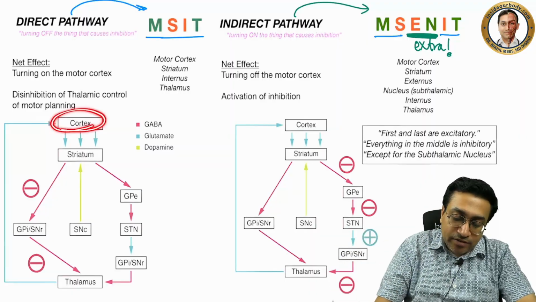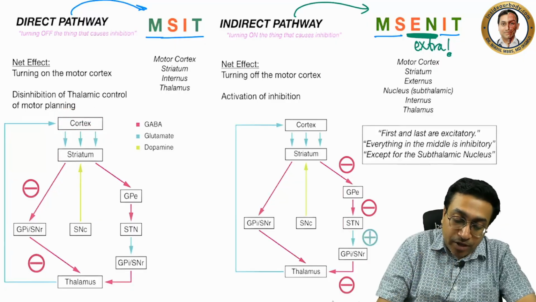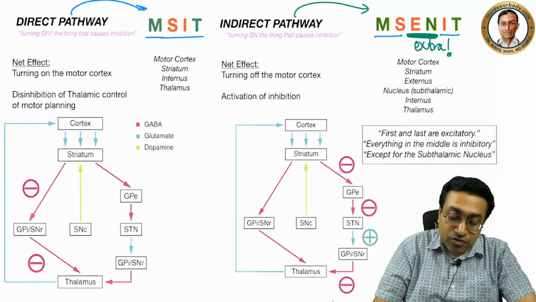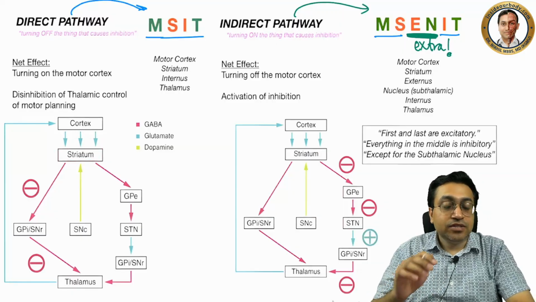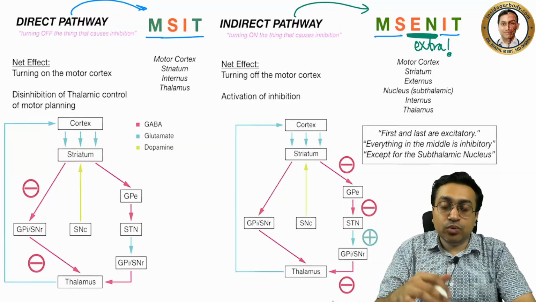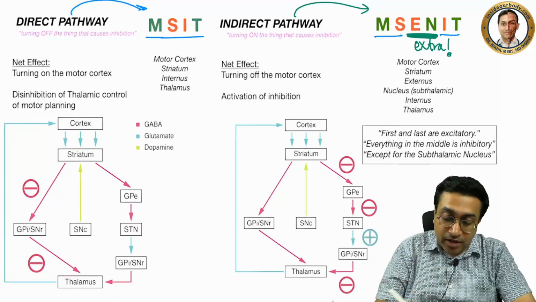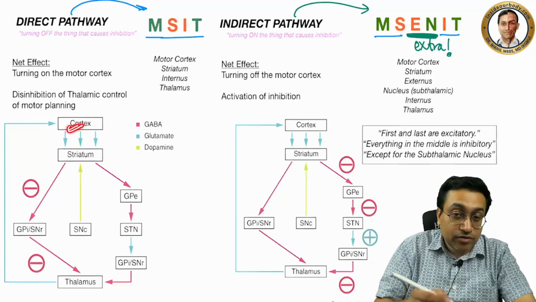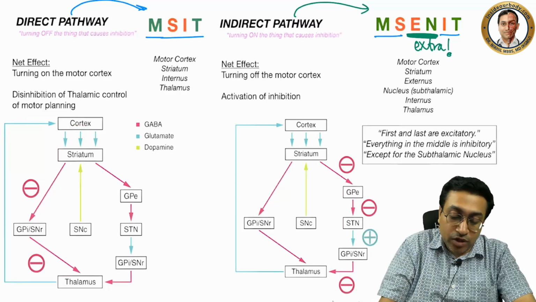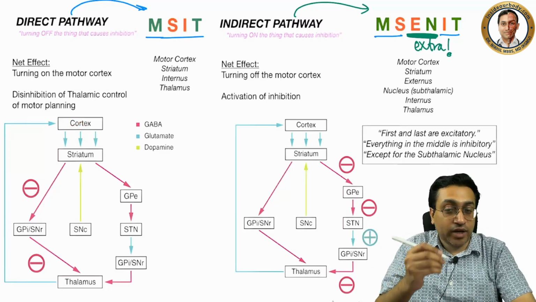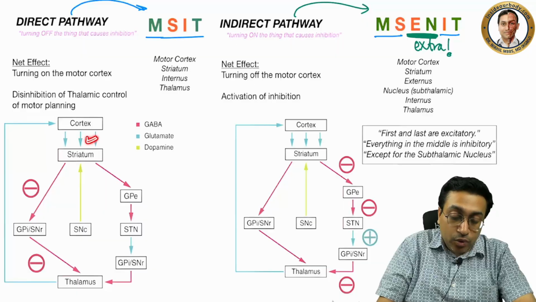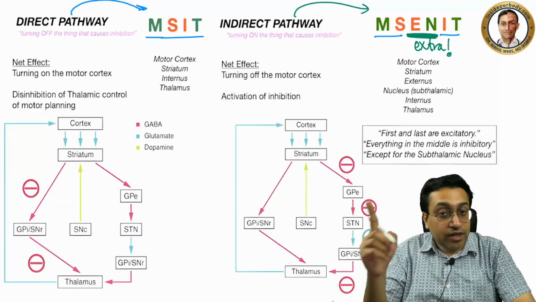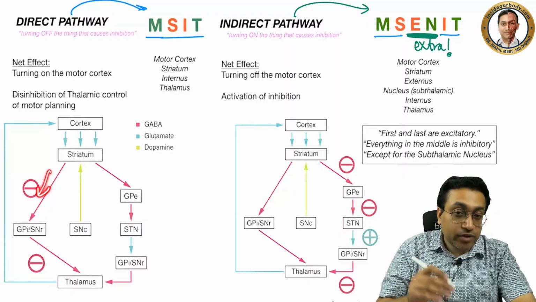The cortex, via glutamate, has a positive effect on the striatum. So the striatum is getting excited to release the next in line, shown in red as GABA. Please listen carefully: the cortex stimulates the striatum via glutamate to secrete more GABA, and GABA is inhibitory, so the net effect will be inhibition.